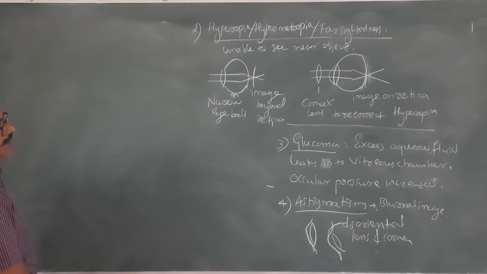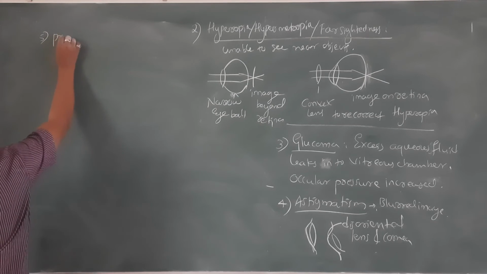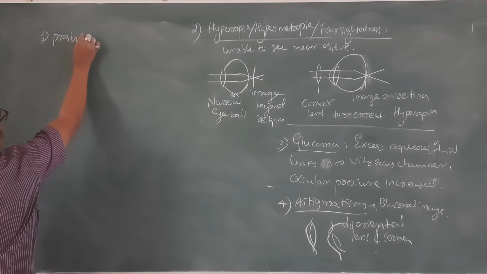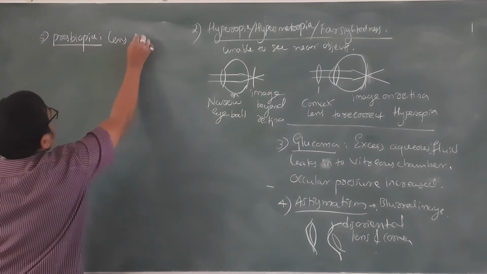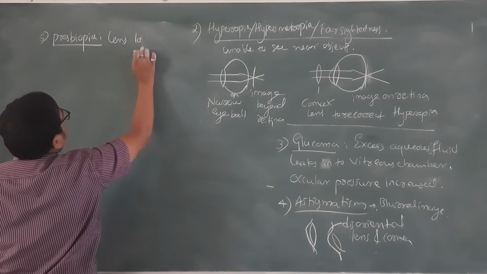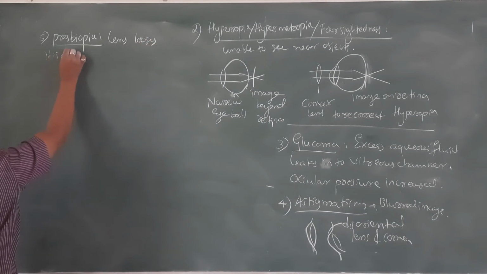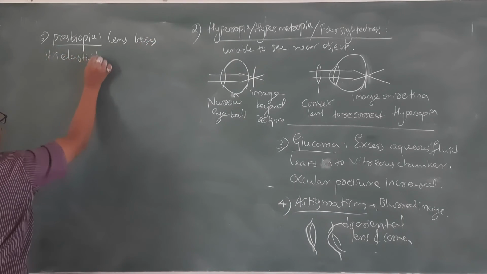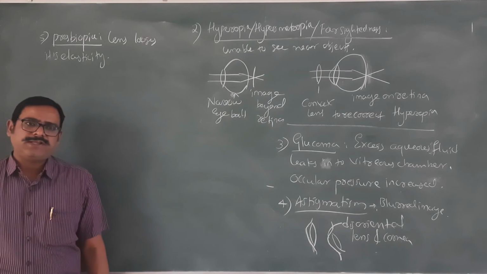There is one more, the fifth one, presbyopia. Presbyopia means the lens loses its elasticity. The lens is capable of contracting and relaxing because it is made up of crystalline protein.